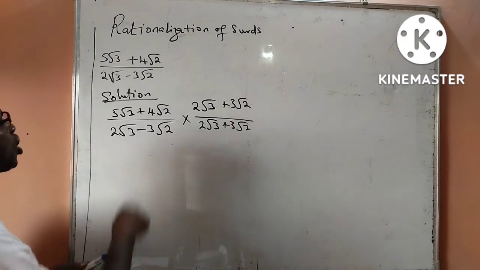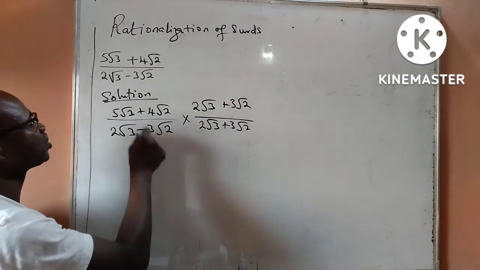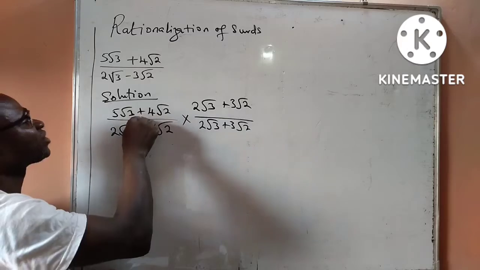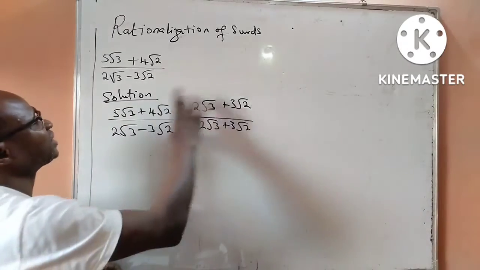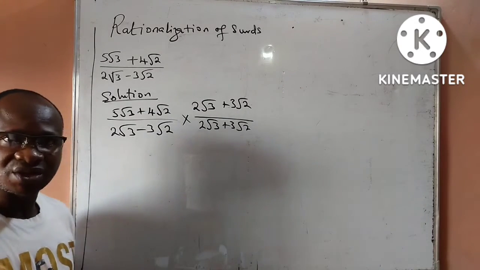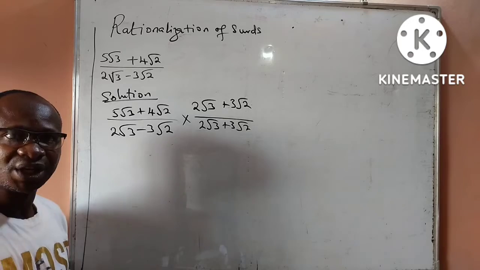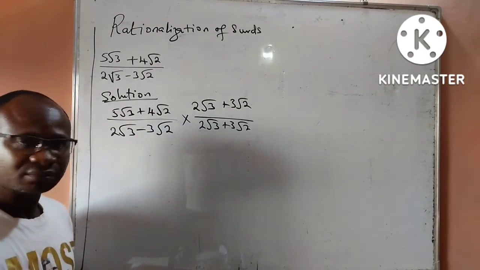I have conjugated the denominator of the given question, and I'm using it to multiply both the numerator of the surd and the denominator of the surd. When I do this, that is called rationalization of surds. So what is remaining now for me is to multiply the big expression.